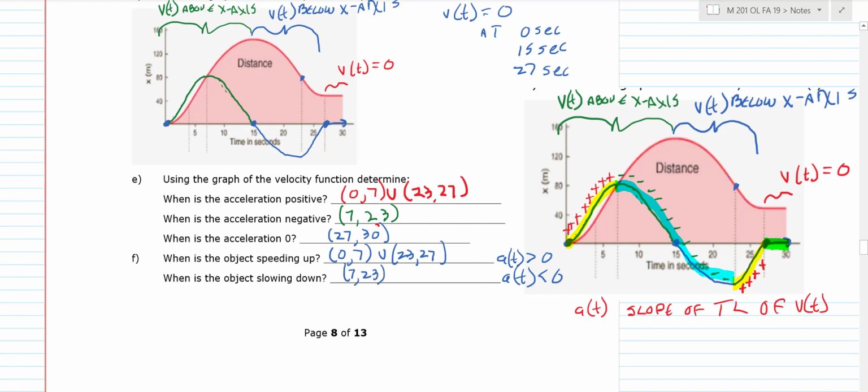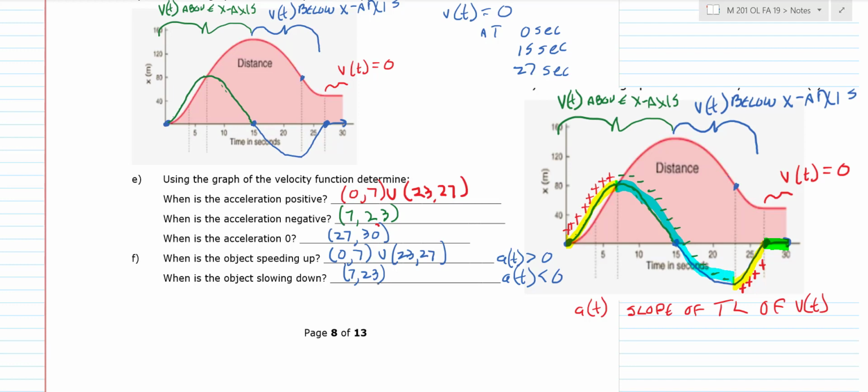Okay, so that's the kind of problem that I expect you to be able to do: look at a position function and analyze it so you clearly understand where the velocity is positive, negative, and 0. Be able to sketch a graph of the velocity, and then figure out questions about the acceleration based on the graph of the velocity.